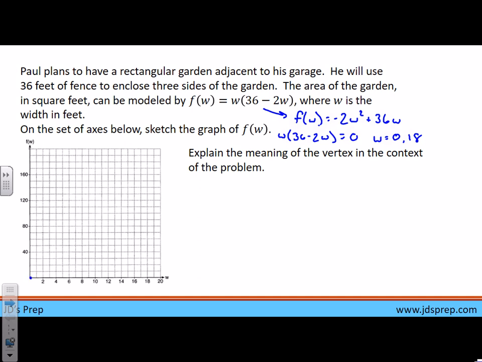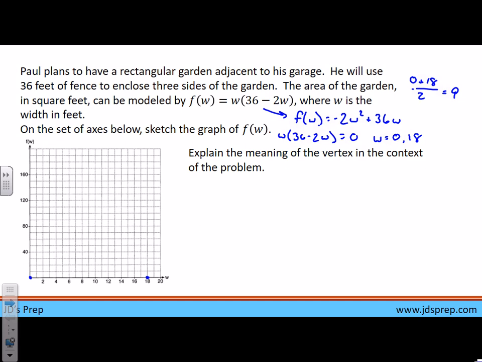So I have one x-intercept down here at the origin, and one over here at 18. Those are 2 points on the graph. Halfway in between those 2 points, in other words, 0 plus 18 over 2, which is 9, is where the vertex is going to be.